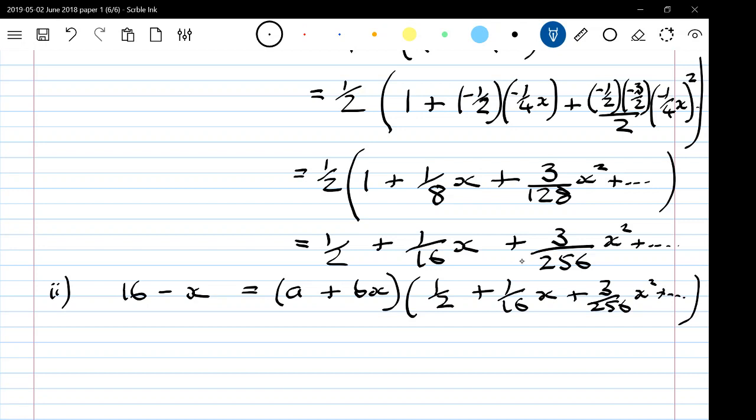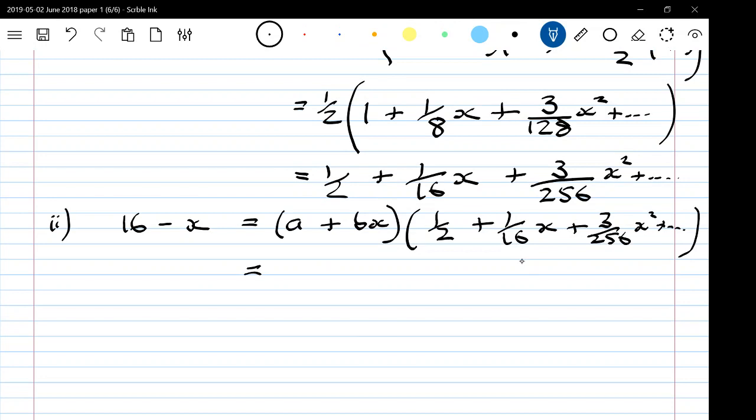Or the first 2 terms of that are equal to that anyway. So if we were to multiply out these brackets, we would get a times a half. We would get a times a 16th. That was supposed to be a times a half.